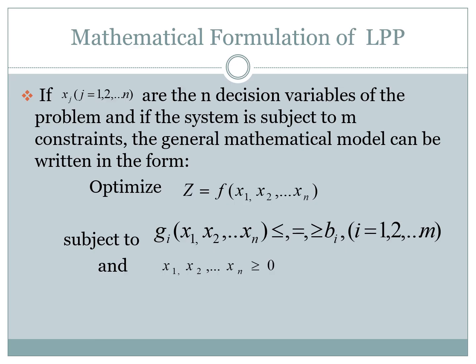Here i equals 1 to m, and x1, x2, etc. xn are greater than or equal to 0, which is called the non-negativity restrictions or constraints. The others are called structural constraints.